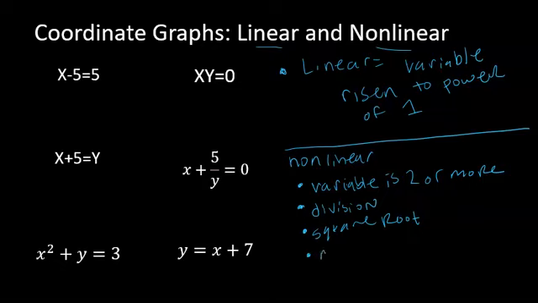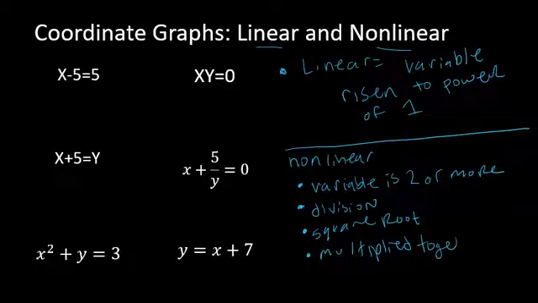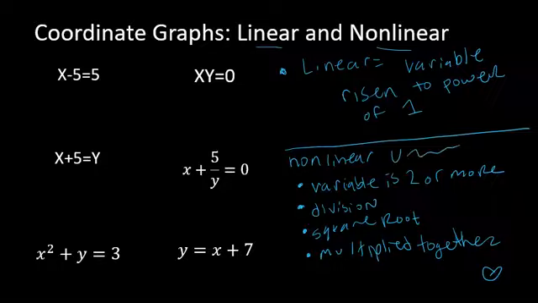And if it's being multiplied together. Okay, so those are the rules. We have 4 rules for nonlinear, which is just like a wiggly little line, and linear is going to be straight, just no curves, dead ahead.